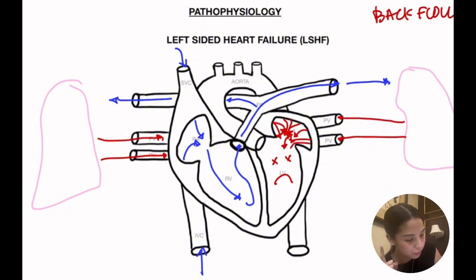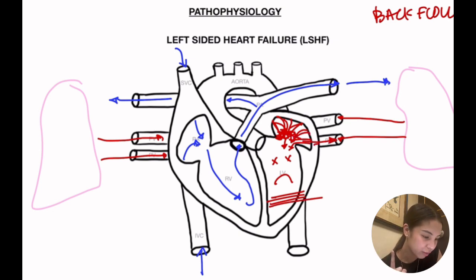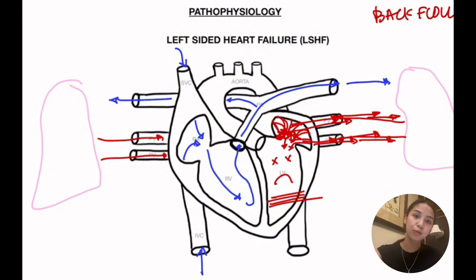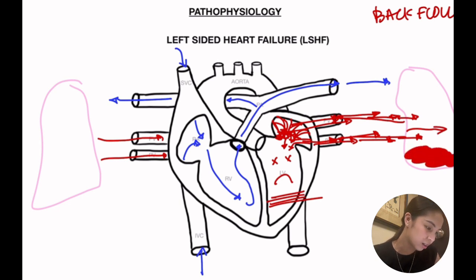Where did it come from? The blood here is too much, but this one won't work. So there's too much blood. It eventually backflows because there's too much blood and it's not being pushed forward. So instead it goes backward. And then you will hear, the blood accumulates here instead in the lungs. And the same thing happens with the other side.